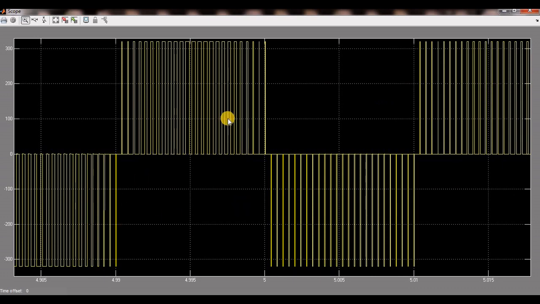volts. So whenever my PI is reducing my V reference, I mean the magnitude of reference voltage for generating the pulses, or the modulation index is reducing, so my pulse width is also reducing. In the negative wave also, see, the pulse width is very less compared to here.